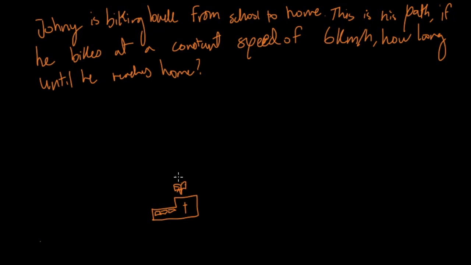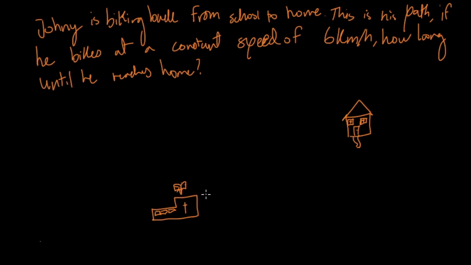Not a great image of the school, but I'm not an artist. Then from here, he wants to reach home, which is over here. Let me just draw a little window, a little door. So this is Johnny's house, and he has a little porch. All right, I think that's enough.